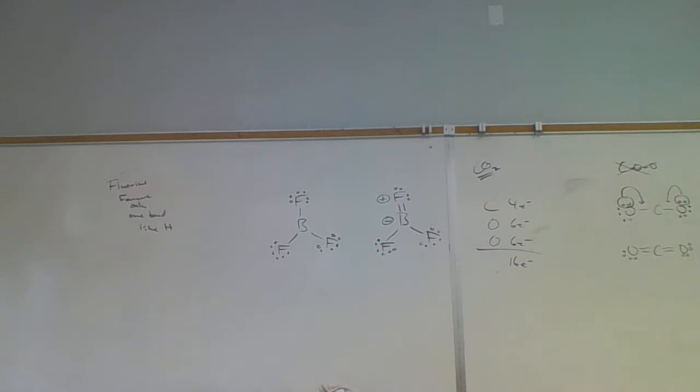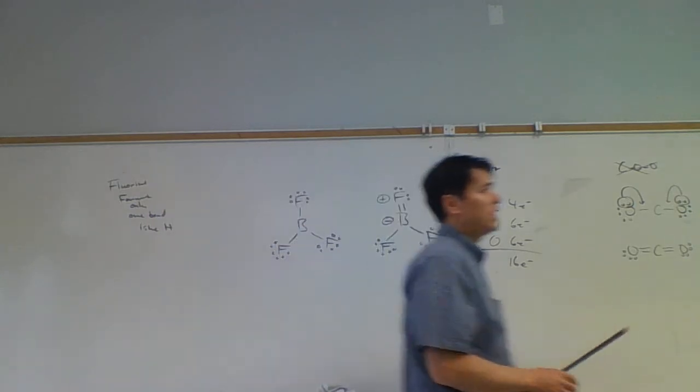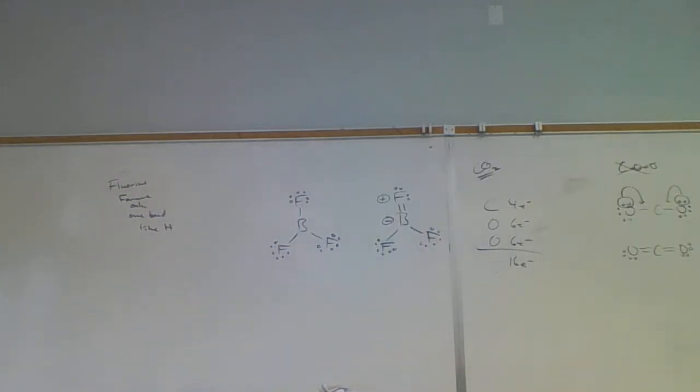No. When you look at this chart here, we'd see that there's no way that boron at 2.0 can take an electron from fluorine at 4.0. In fact, with 2.0 and 4.0, what is delta EN?